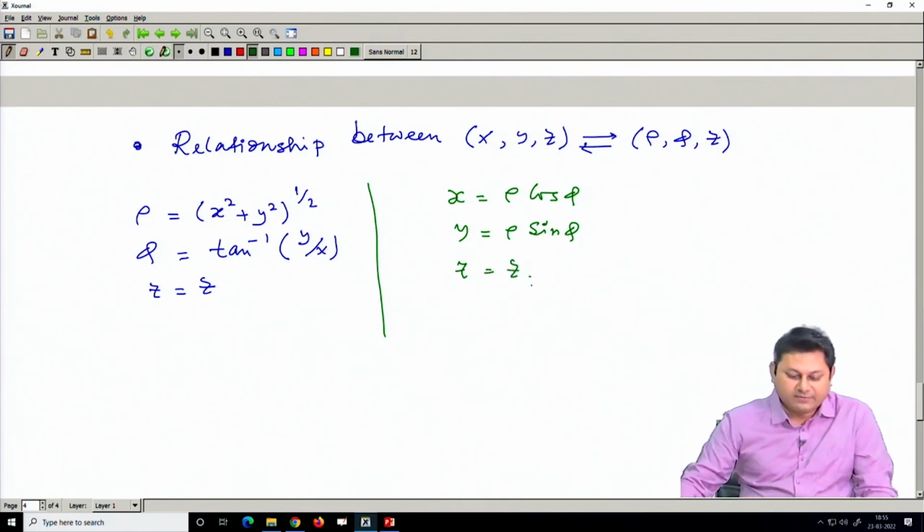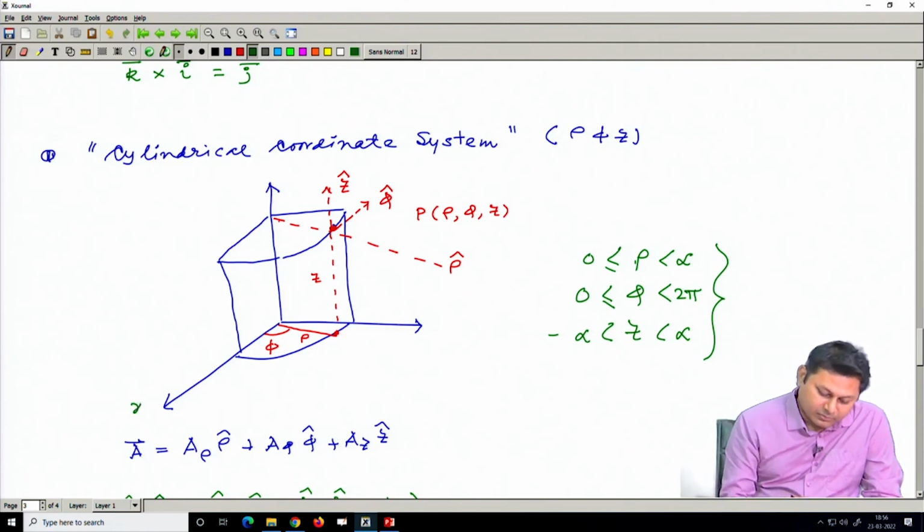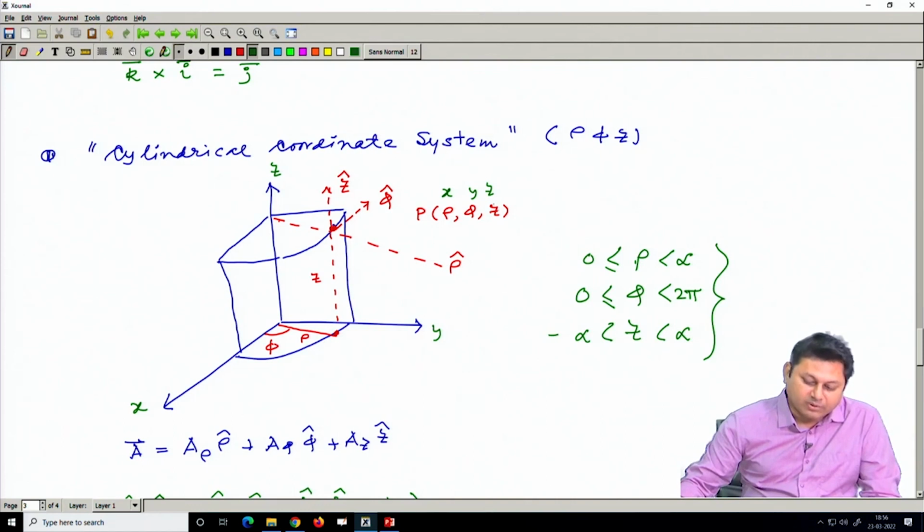So, that is quite trivial. If you just look at this coordinate system, with the line I am drawing here, and this point is also defined by x, y, z, then you know the relationship between the x, y, z point and the rho, phi, z point. If rho, phi, z is given, you can calculate the x, y, z.